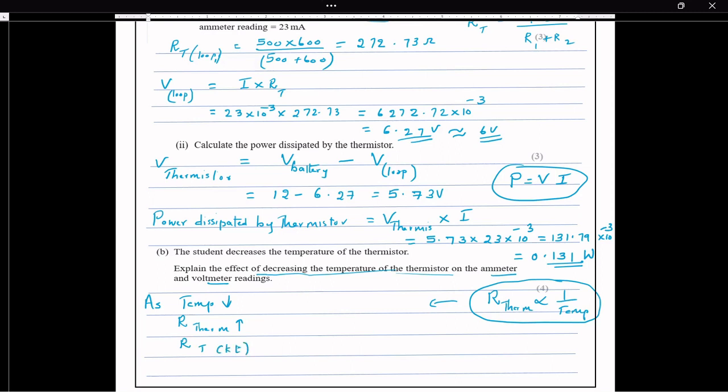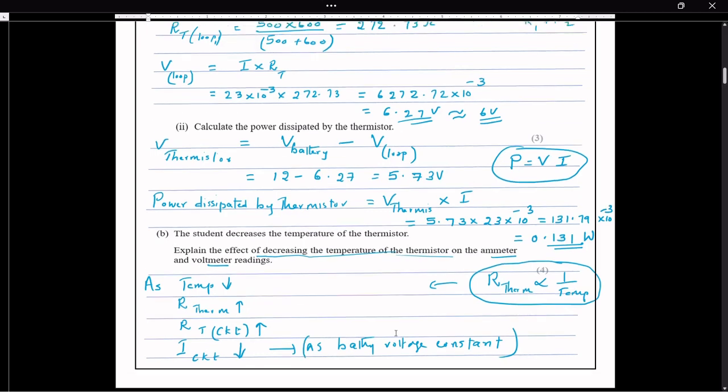Total resistance for the circuit is increasing, which means the current of the circuit is decreasing because the voltage is constant as the battery voltage. According to Ohm's law, when the resistance increases, the current is decreasing.